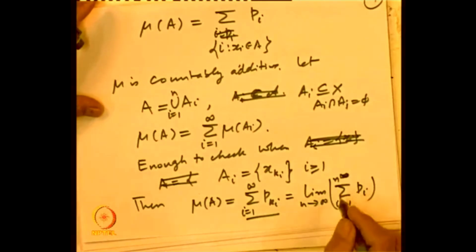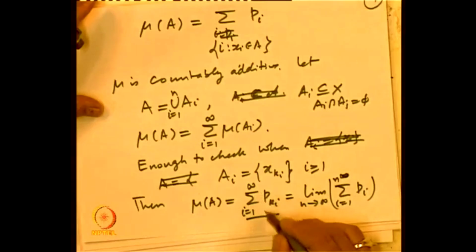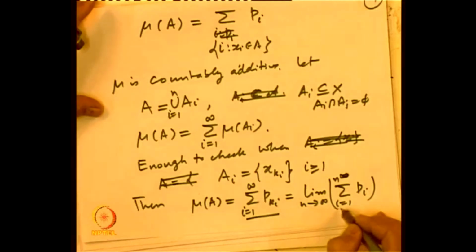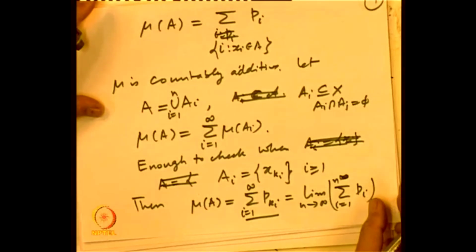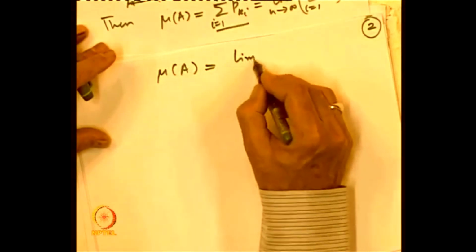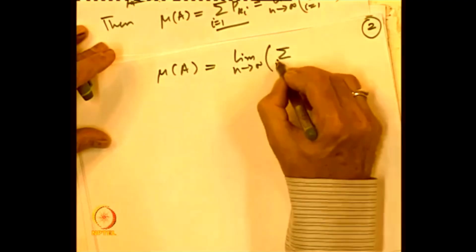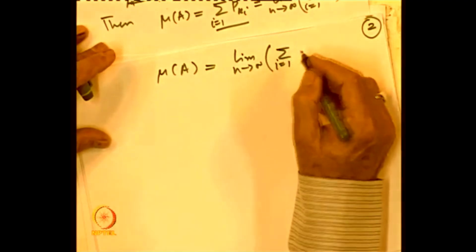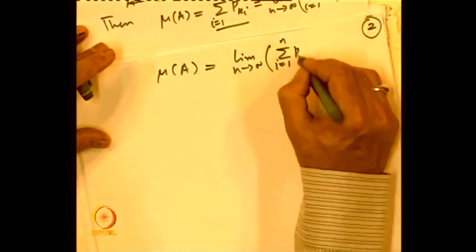So this is the sum of a series; these are non-negative numbers, so this sum is nothing but the limit of the partial sums. They are non-negative, so there is no problem in writing it that way. So mu of A is equal to the limit as n goes to infinity of the sum i equal to 1 to n of p_{k_i}.